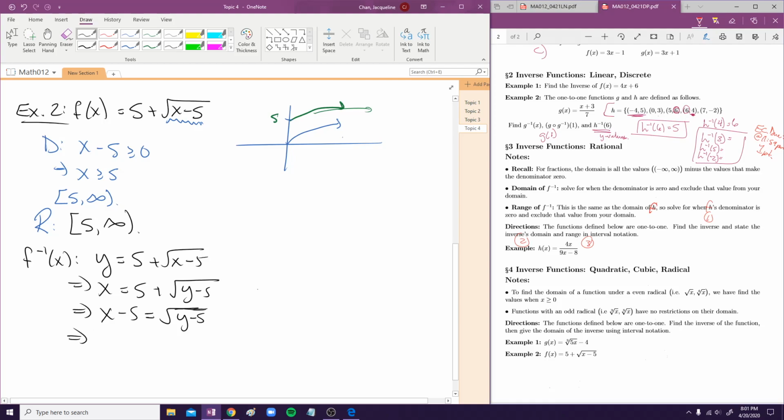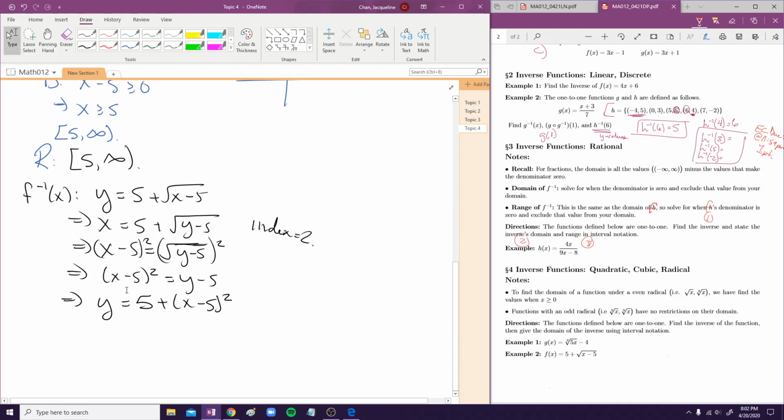And then over here, our index is equal to 2. Since it's 2, we're going to square both sides. Again, we don't have to expand this. We can just keep it as is, and this becomes y minus 5. So over here we have y is equal to 5 plus (x minus 5) quantity squared.